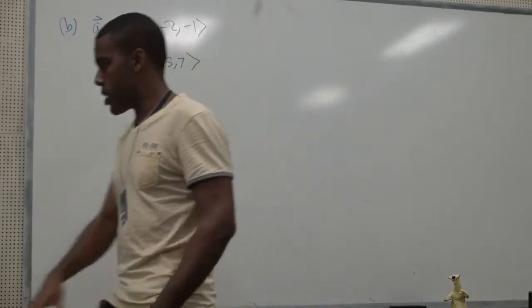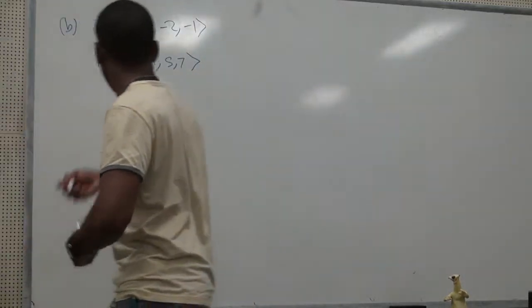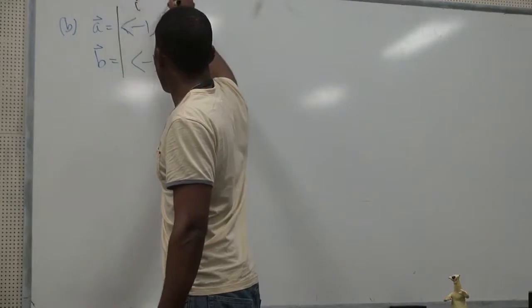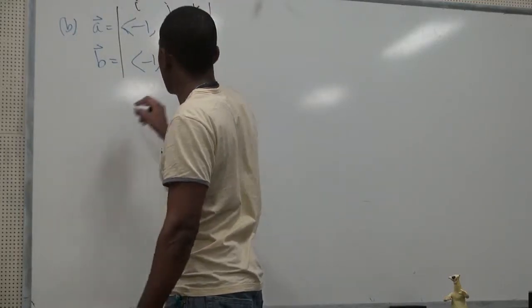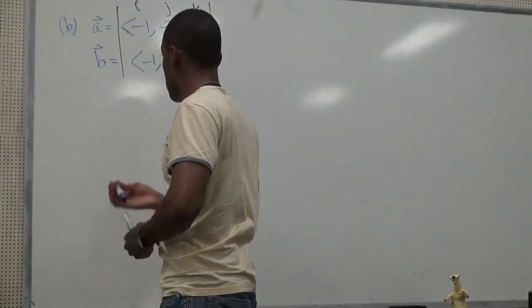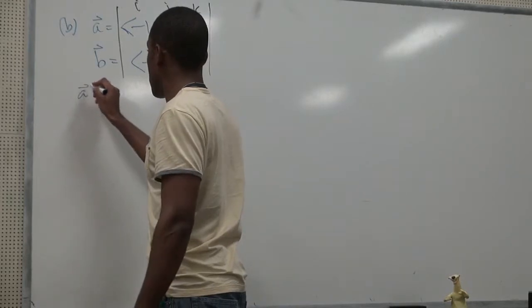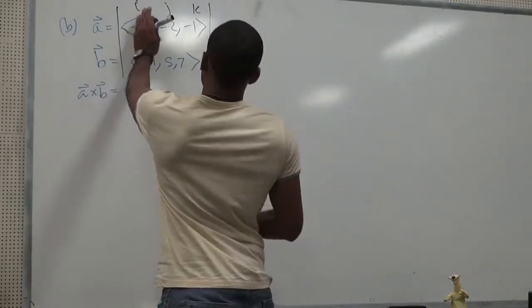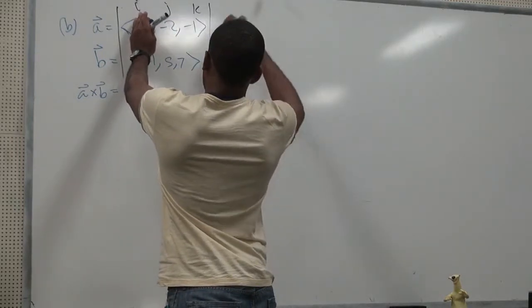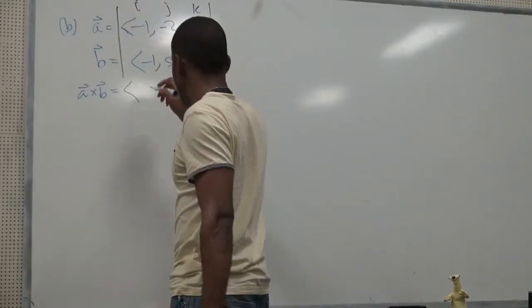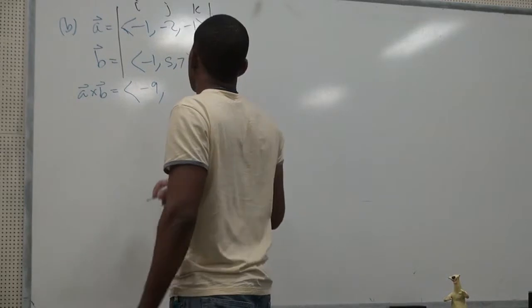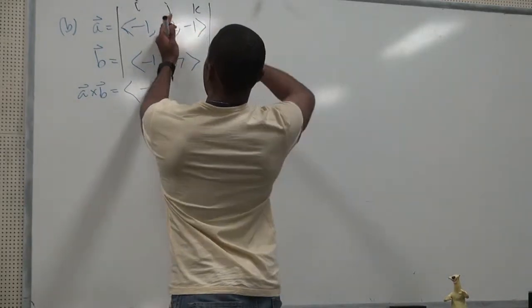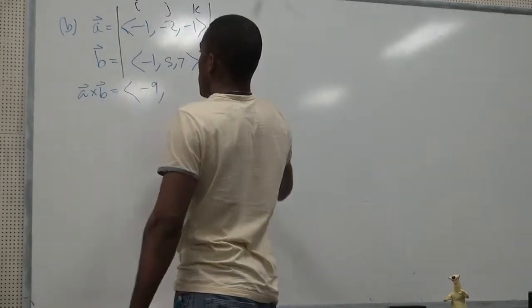I like to just write them right under and do the cross product right here. You can set up the i, j, k. So your A must be equal to, you have minus 14 plus 5. J, you have minus 7, minus 1.